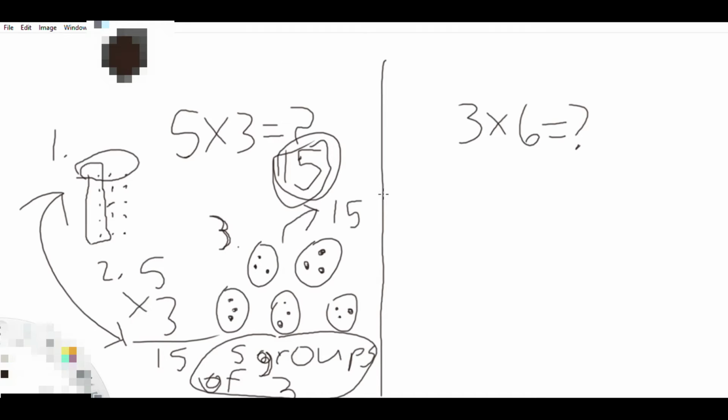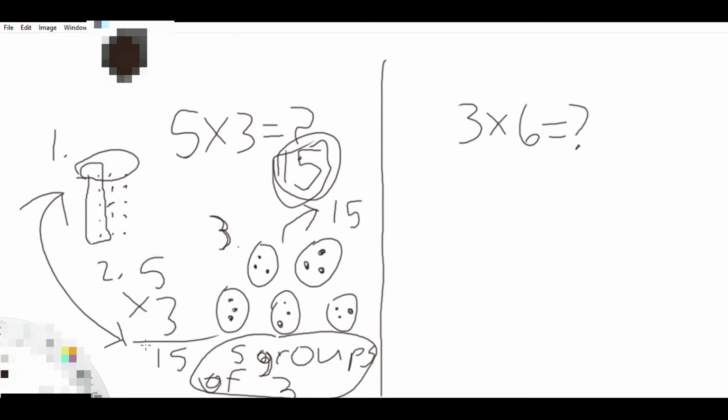Okay, so next problem. 3 times 6 equals what? Well, let's find out from the first strategy. Before we start, if you're not interested in using the array, the standard algorithm is like a new way to solve.